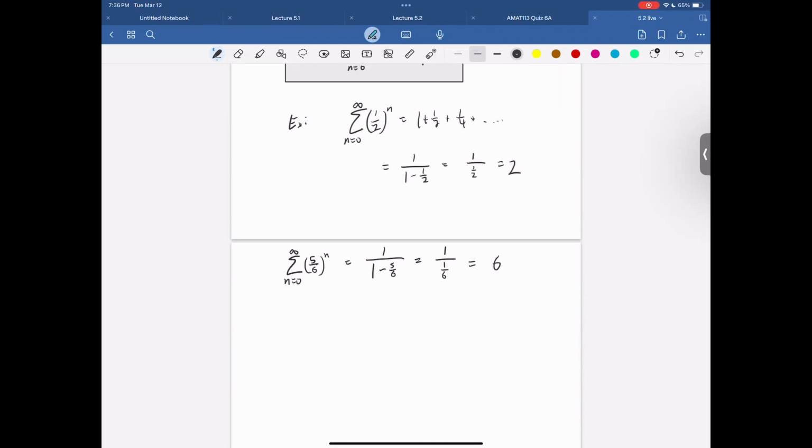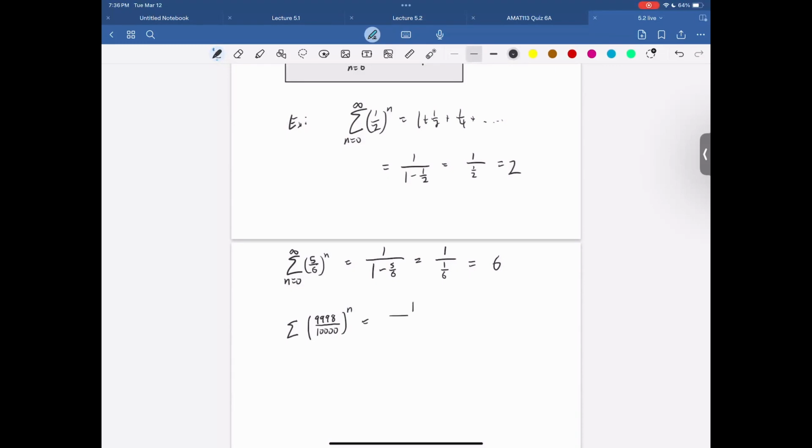And so in general, we can pretty much concoct any number we want out of a geometric series. These things can get arbitrarily large according to what we want it to be. Let's say we wanted to find the geometric series of 9,998 over 10,000 to the n.